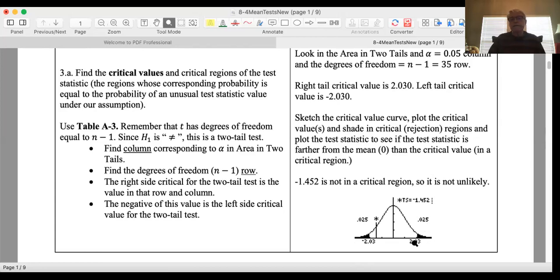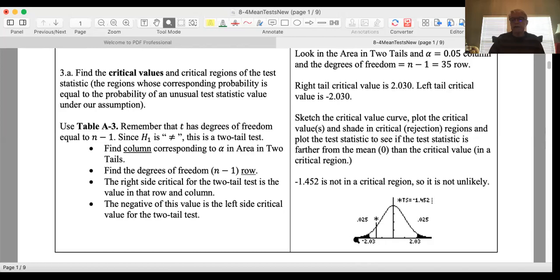And what we do then, having identified where the critical values are, we plot the test statistic to see if it is in a region that causes us to fail to reject, which is between the critical values. It's basically a likely value, or farther away from the mean than one of the critical values.